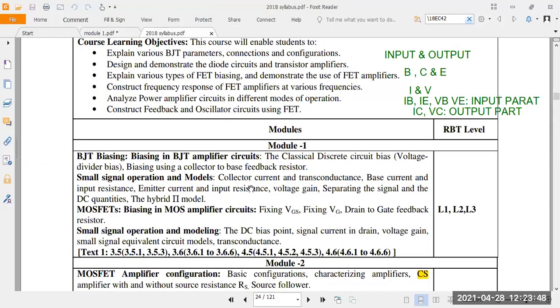So this is for the collector current and transconductance. Are there any doubts here? Any doubts, Varsha? No, sir. Okay.